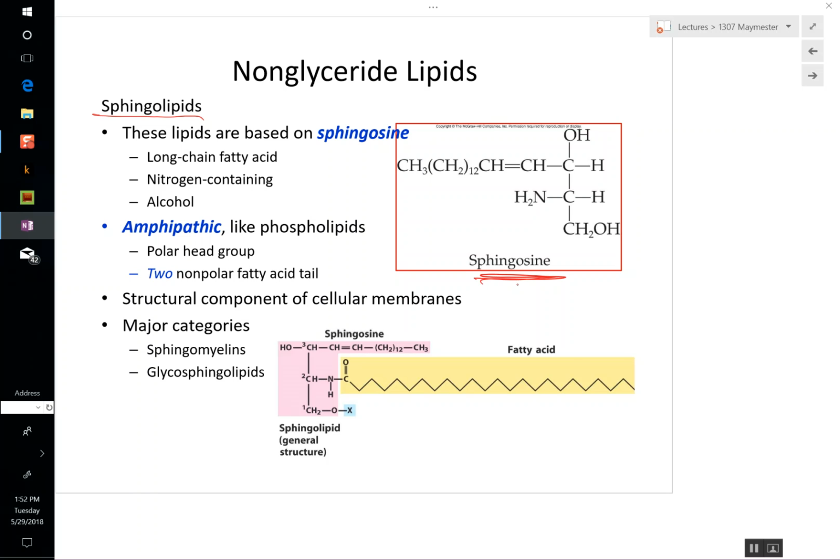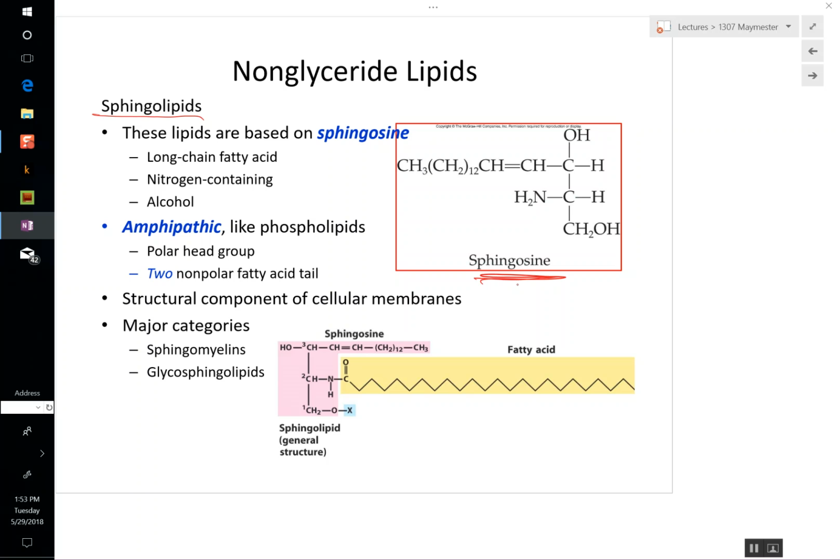You've got a CH2OH down here, CH2OH on glycerol. Up here where you'd have an OH, and the next carbon up where you'd have an OH group right here, you have an amine. And then the top carbon, where you would have an H, you have a long carbon chain here.